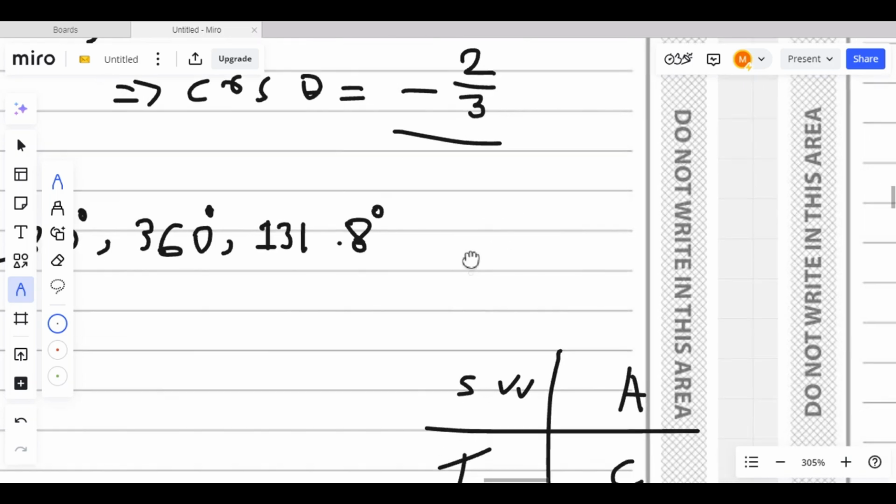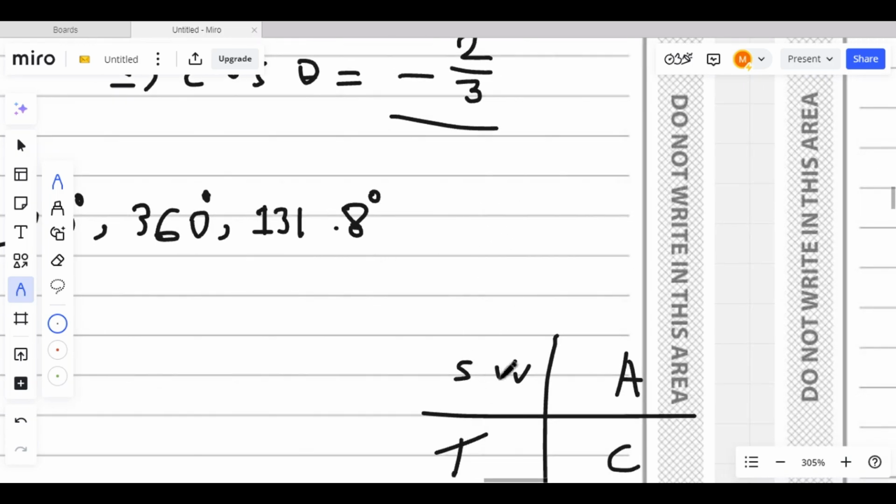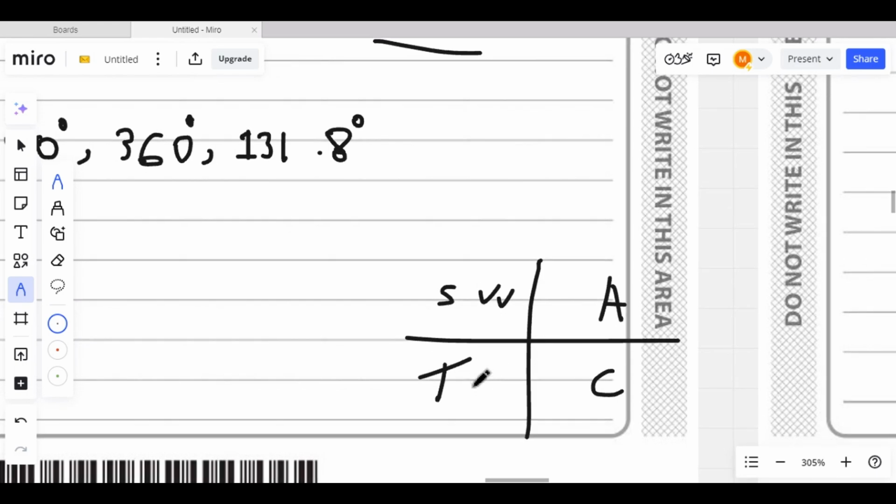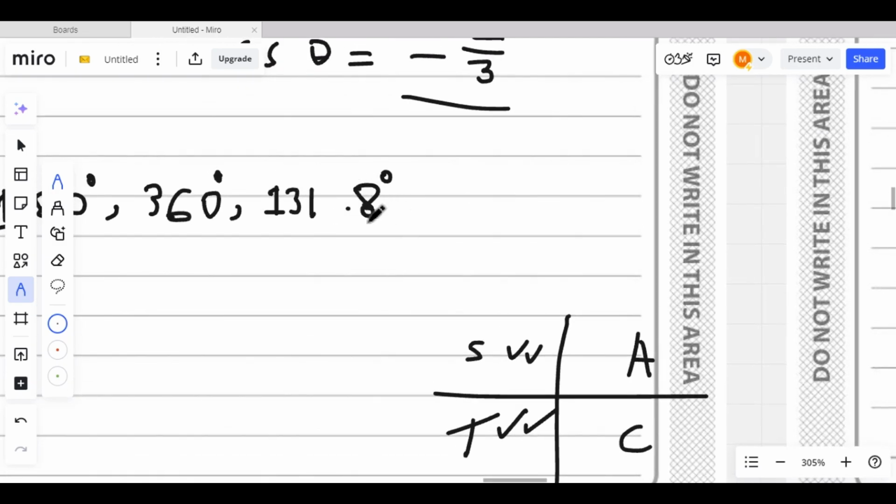So we got a value in the second quadrant. And again, you can see that in the third quadrant, cos theta can be again negative. Consider the acute angle it makes with the 180 degrees. So this is 180 minus 131.8, which is 48.129 something.